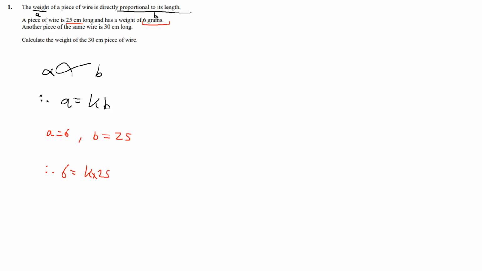Okay? And so therefore K is equal to 6 over 25. And so the formula of this question is A is equal to 6 over 25 times B. And that is what it means when it's directly proportional.